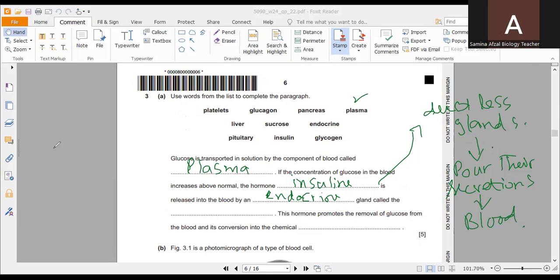Glands called the pancreas. This hormone promotes the removal of glucose from the blood and its conversion into the chemical called glycogen.